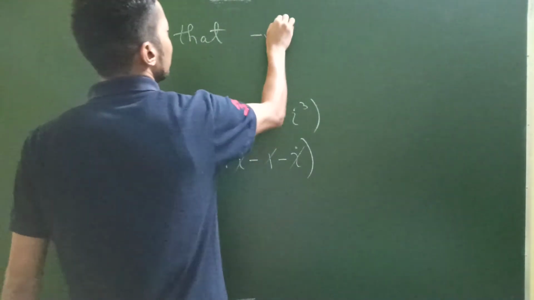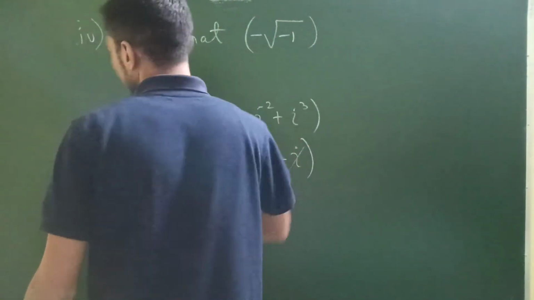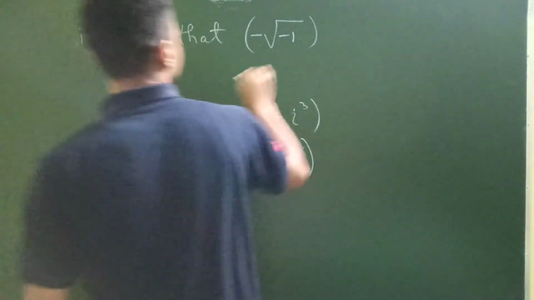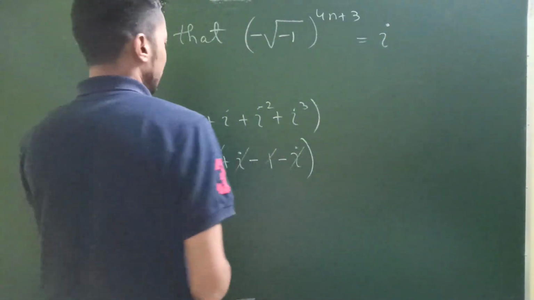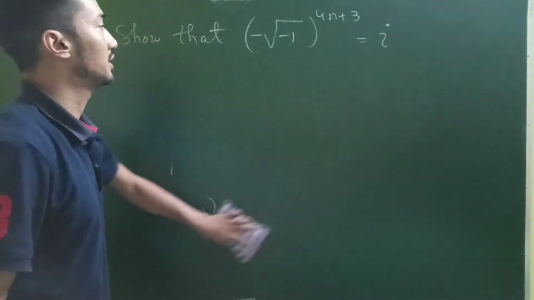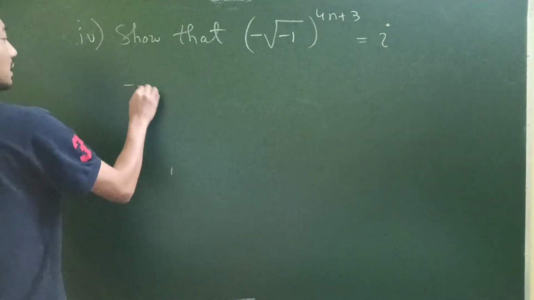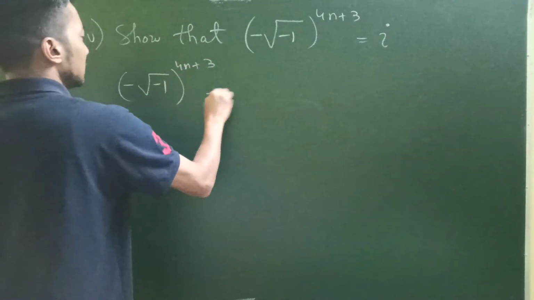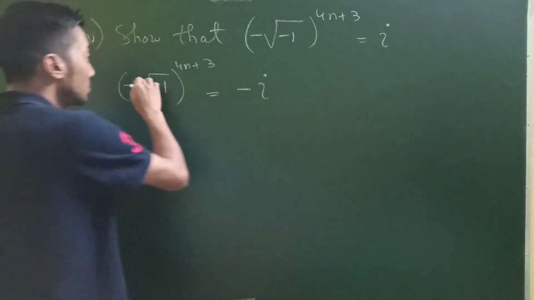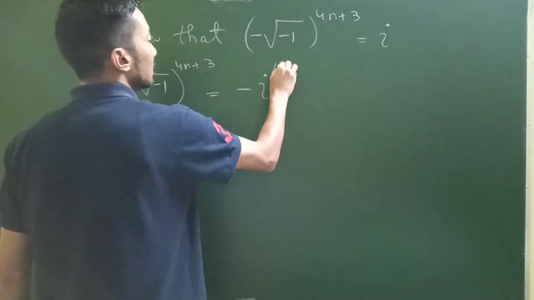Show that (minus root over of minus 1) to the power 4n+3 is nothing but i. So let's try to solve. Minus root over of minus 1, whole power 4n+3. That's simply minus i, because root over of minus 1 is i, isn't it?